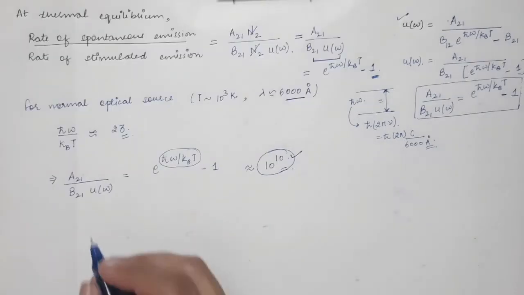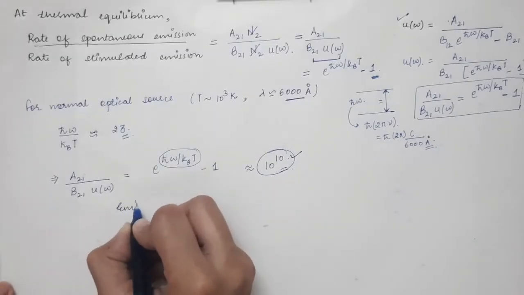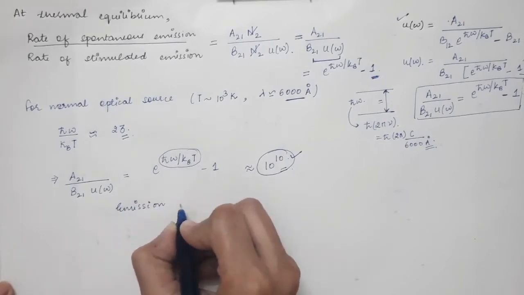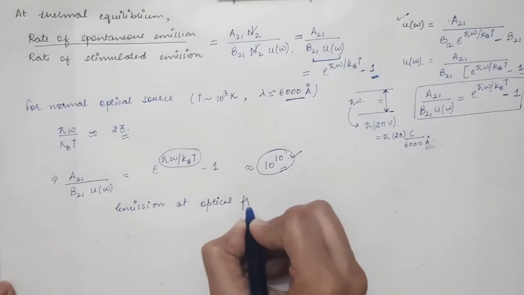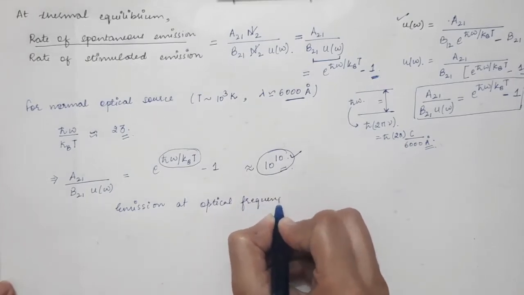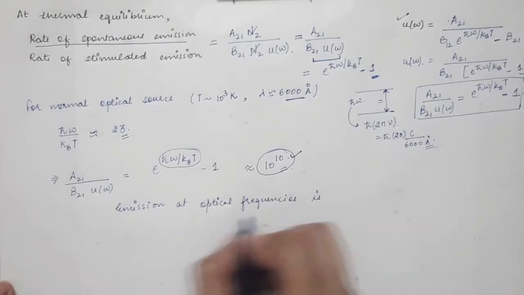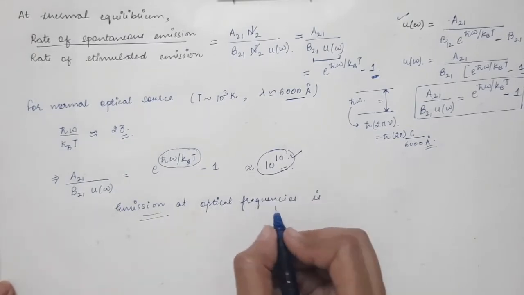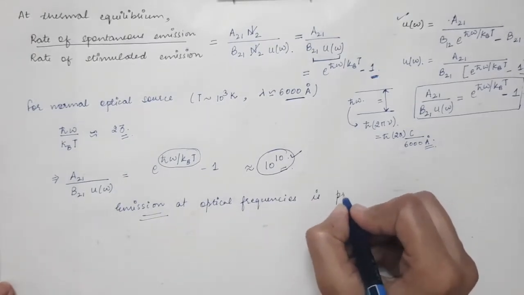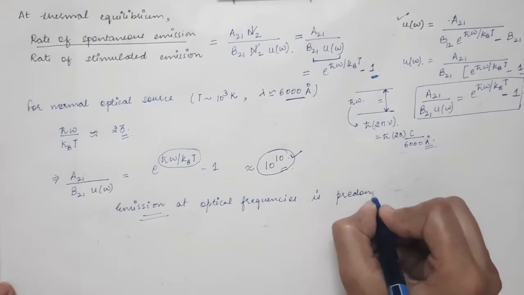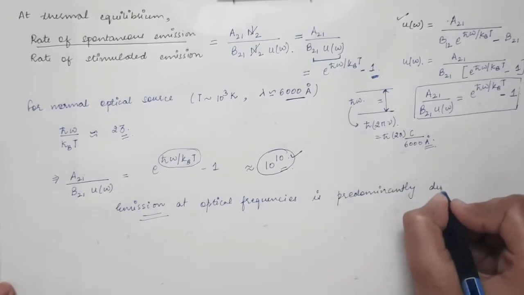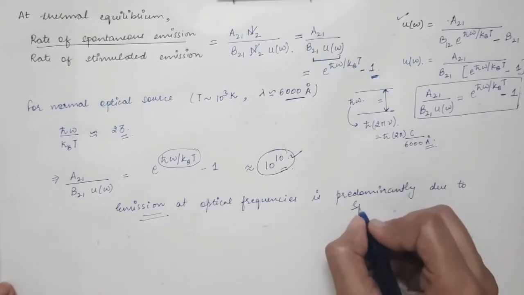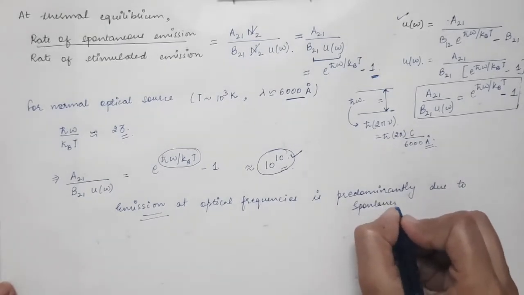So the emission at optical frequencies, which lie in the visible region, is predominantly due to spontaneous emission.